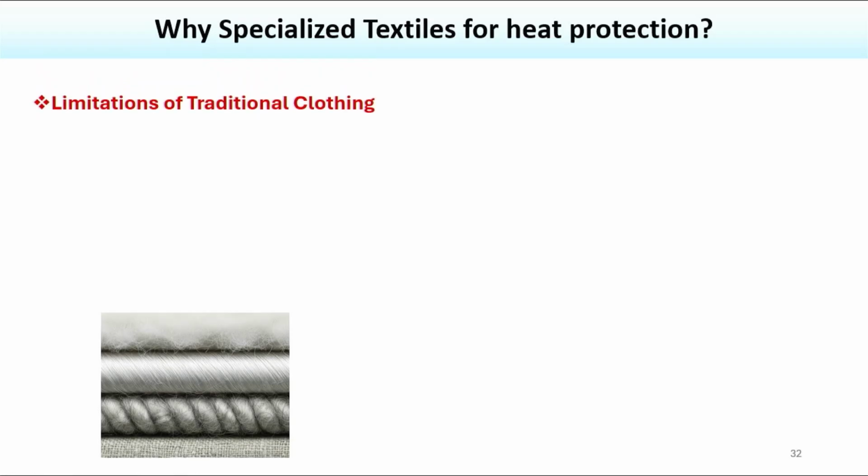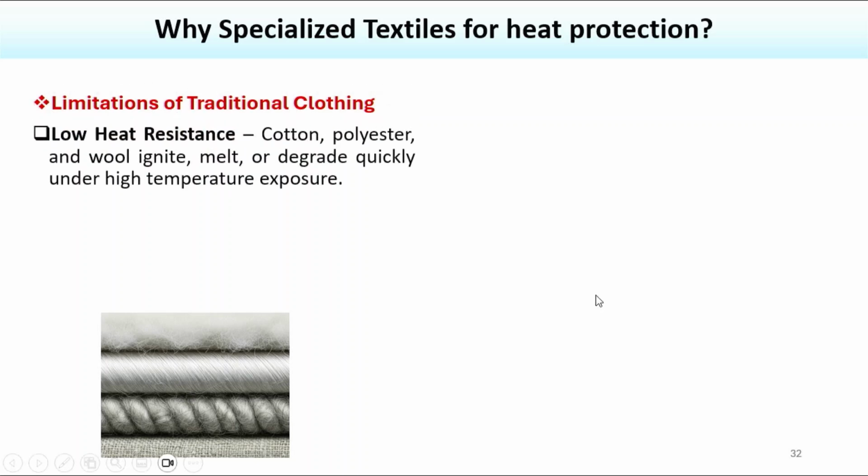Why do we need specialized textiles? Because of the limitations of some traditional textiles. Normal textiles have limitations. What are the limitations? Normal textiles like cotton, polyester, wool ignite, melt or degrade quickly.